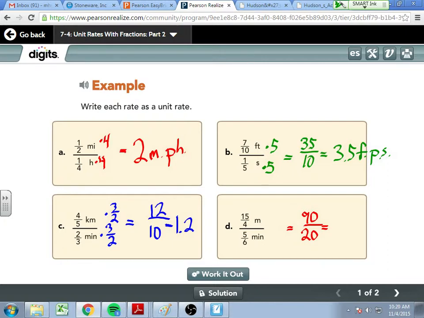We can always multiply by something's reciprocal to turn it into 1. So here in C, I multiply by 3/2 on top and bottom. The denominator just gets destroyed, and I get 12/10, which is about 1.2 kilometers per minute.